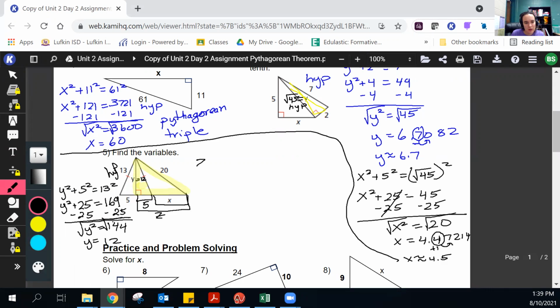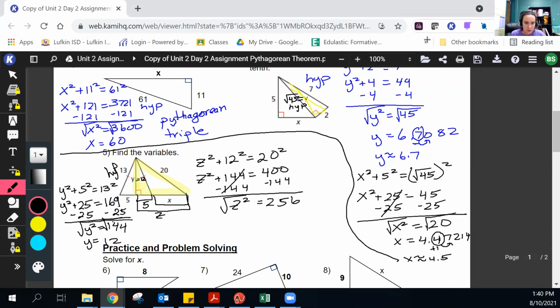So I'm going to do z squared plus 12 squared, so that was our height over here, equaling 20 squared. So we've got z squared plus 12 squared is 144, equaling 20 squared, which is 400. Subtracting 144 from both sides, and that gets us z squared equaling 256.